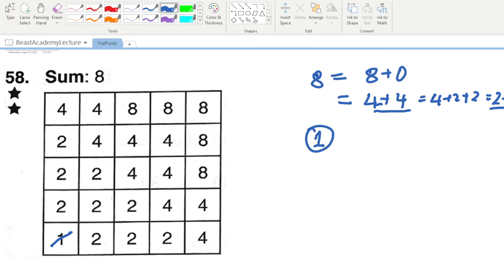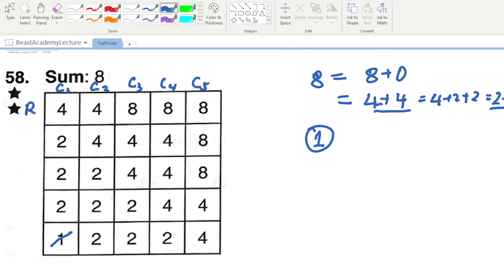So what is the second step? Okay, let me give you some hints. In order to clarify my solution, I want to say this is column 1, column 2, column 3, column 4, and column 5.